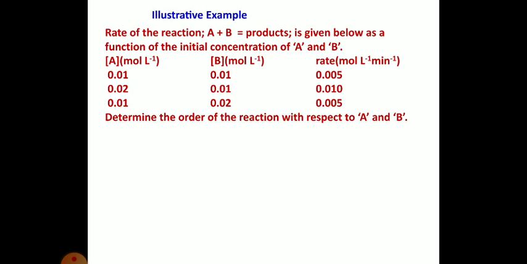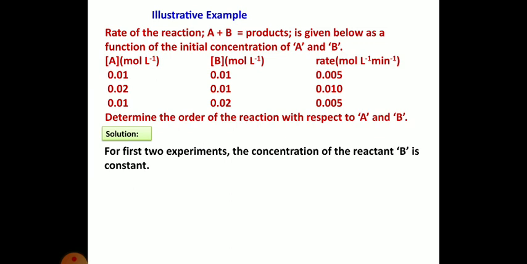You will notice the concentration of A in mole per liter and the concentration of B in mole per liter, and the corresponding rate is mentioned in the third column. In that case, what we have to do is determine the order of the reaction with respect to A and B. Now look at students, we will solve this question.